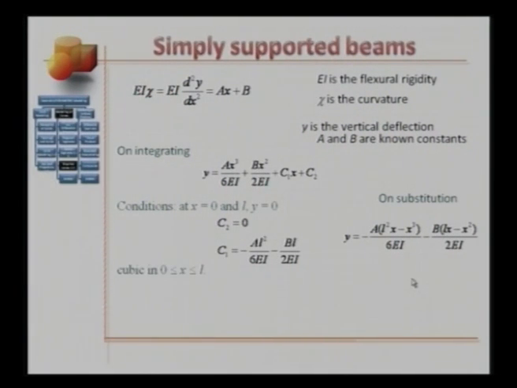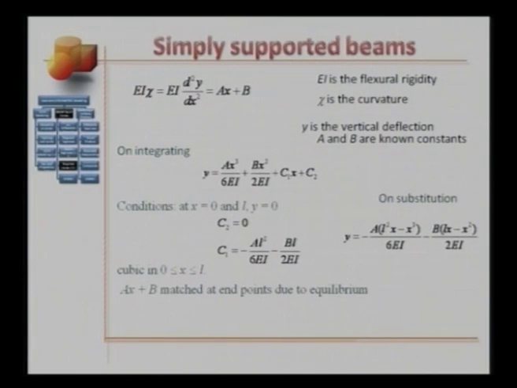What do we see? We see the vertical deflection over here as a function of the coordinate along the beam length. And we can also observe the nature of the relation. It is cubic for values of x between 0 and L across the entire simply supported beam segment.